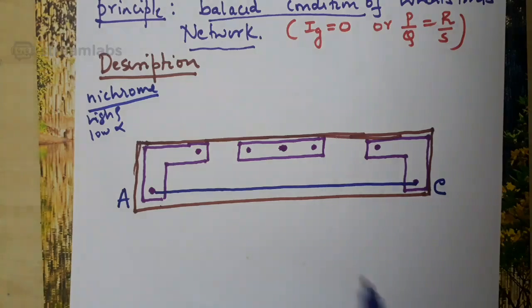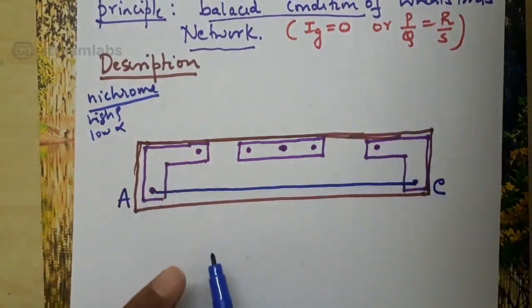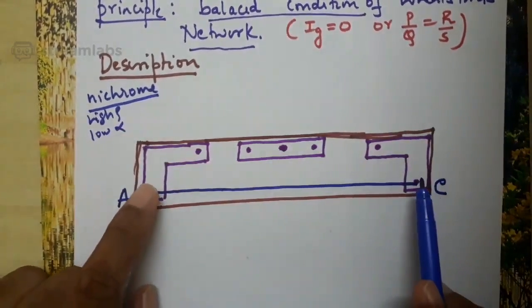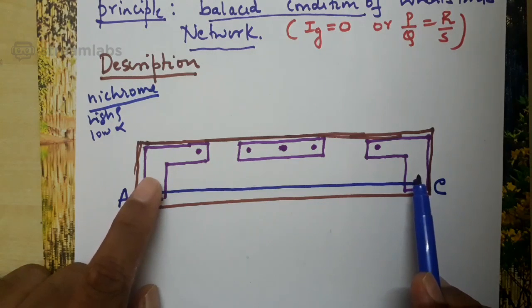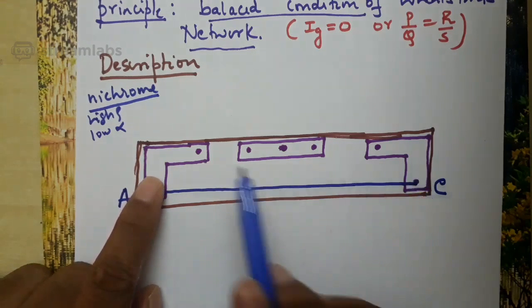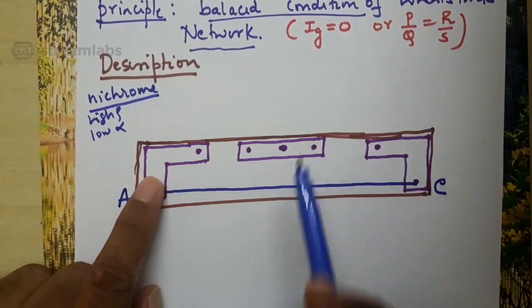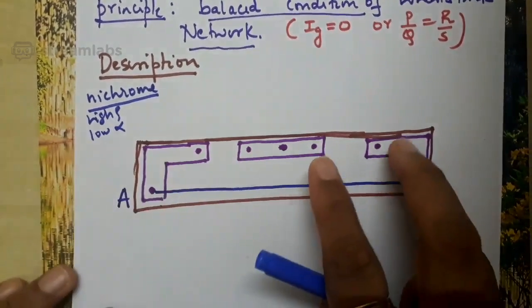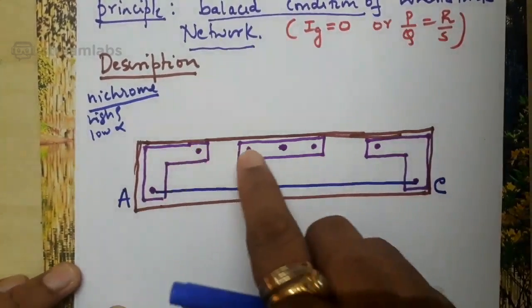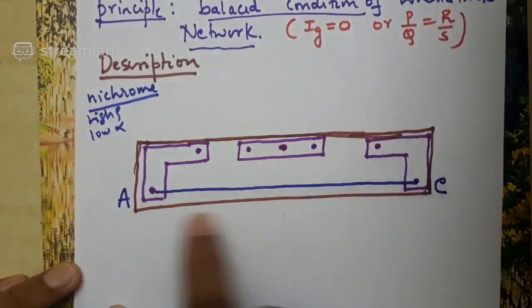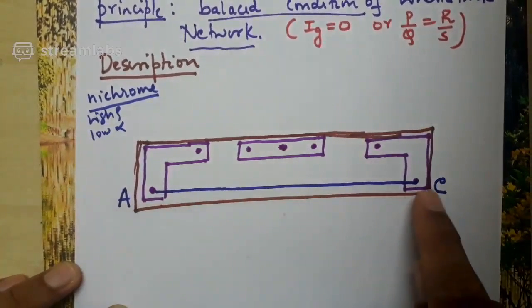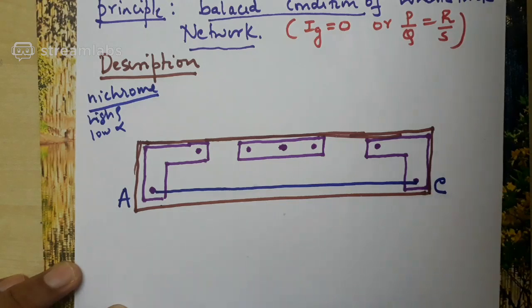Let us quickly describe once. It consists of a rectangular shaped wooden frame. On the rectangular shaped wooden frame, on either end there are two L-shaped metal strips. And between the two L-shaped metal strips, there is one more metal strip leaving two gaps. One is a left gap and the other one is a right gap. And there are terminals for electrical connections. Between the terminals A and C, there is a wire of uniform cross-sectional area fixed.